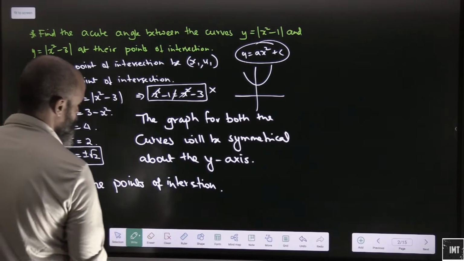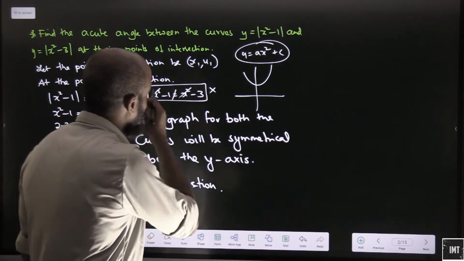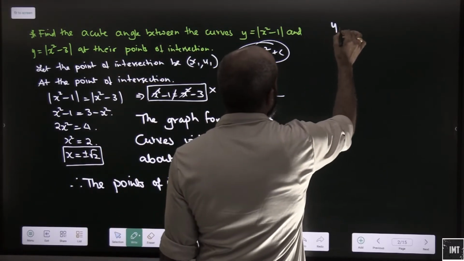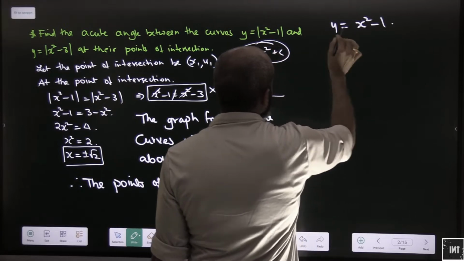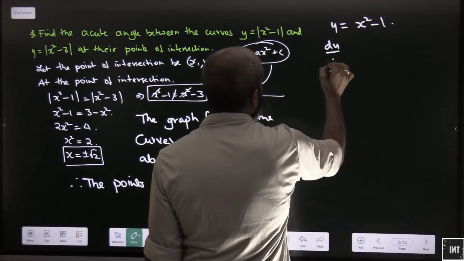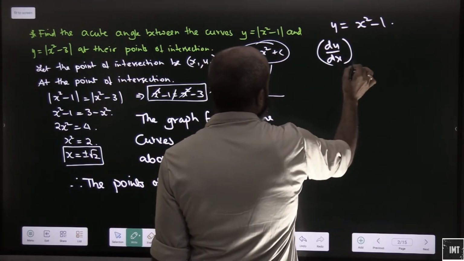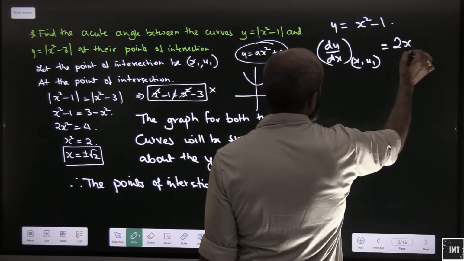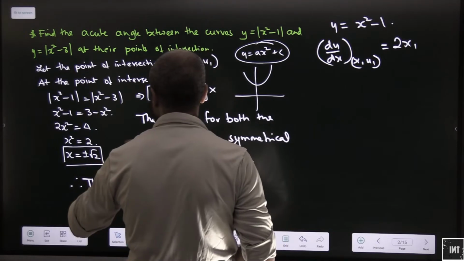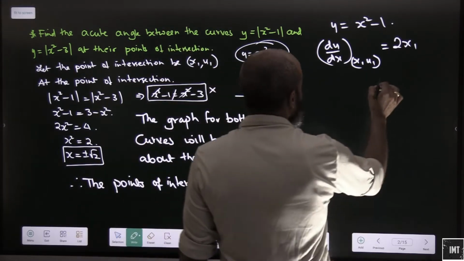Okay, so we have to basically find out dy by dx. In this case y is equal to x square minus 1, so we can say that dy by dx at x1 y1 will be equal to 2x1. Now we have found out that x is either plus or minus under root 2.